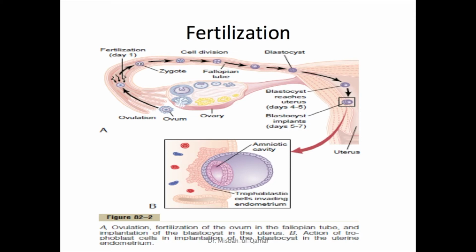And when does it occur? After the ovulation. Because the egg remains viable 12 to 24 hours post ovulation, while the sperm stays for up to 72 hours, and then it takes a 3 to 4 day journey to the uterus.